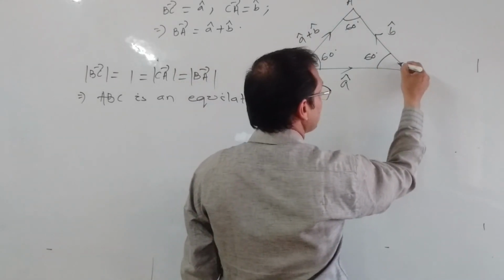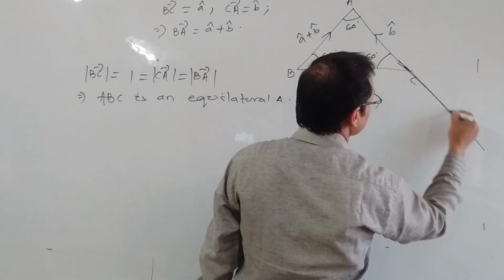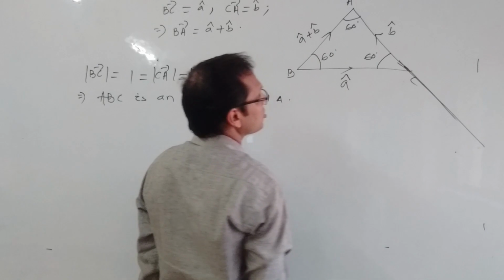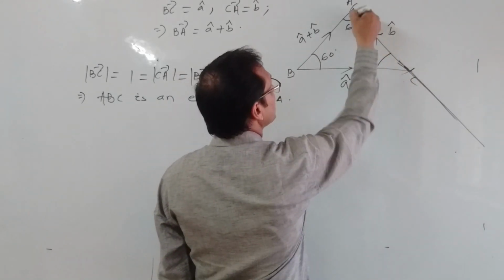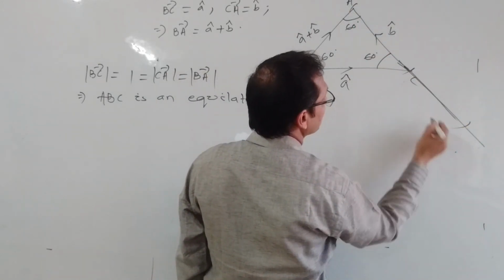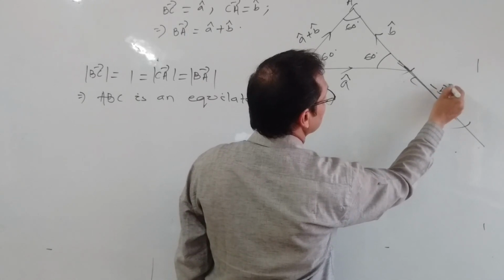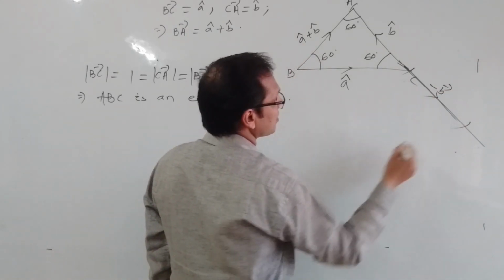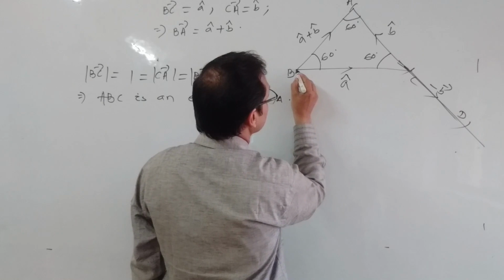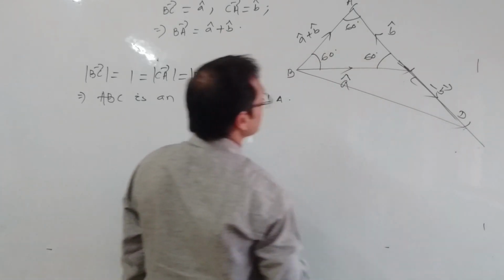Now if you extend this one, this part is B, extend up to D, such that this one is minus B vector, isn't it? That one is D, suppose. Now you will join this one.